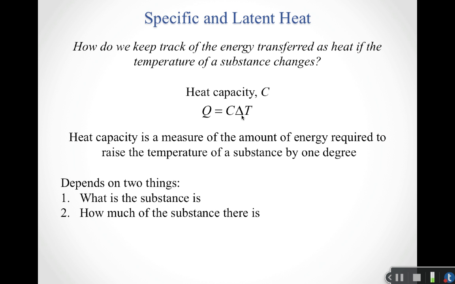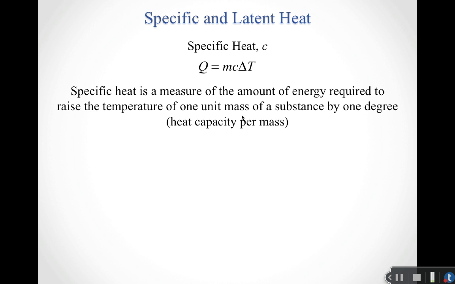The heat capacity, big C, depends on two things. A, what the substance is. Are you talking about water or ice or some metal or some gas? And two is how much of the substance there is. So what we often do is break that apart into two pieces and talk about the specific heat, little c. The heat capacity gets capital C, the specific heat gets little c.